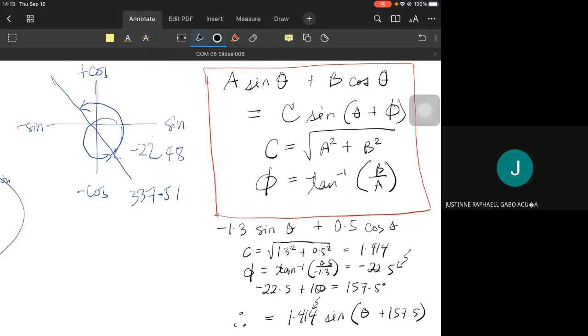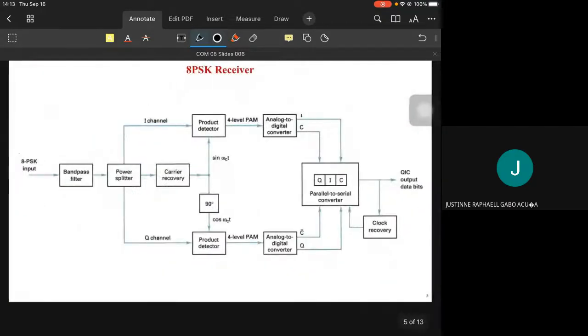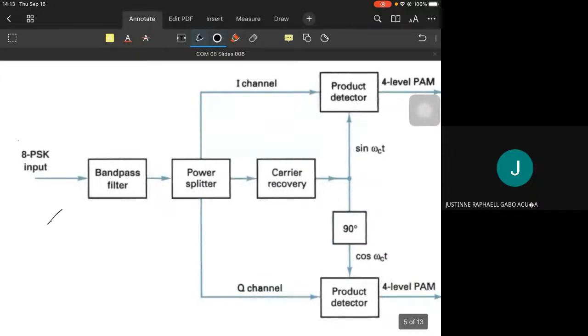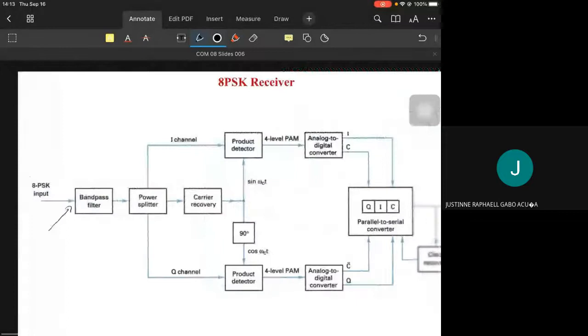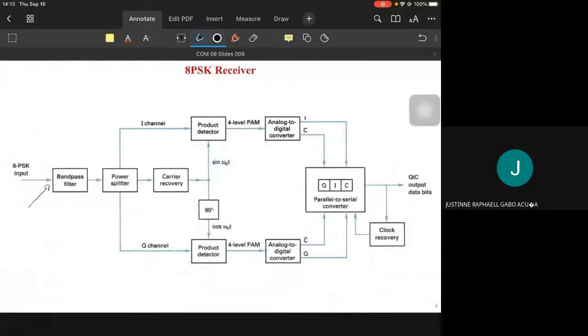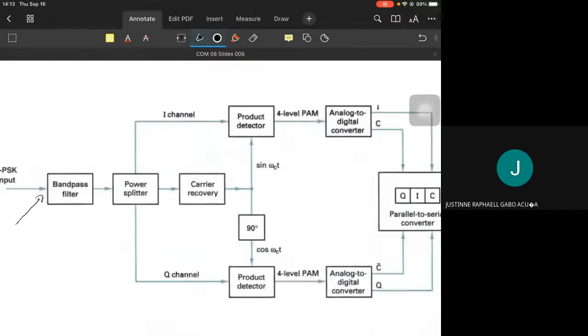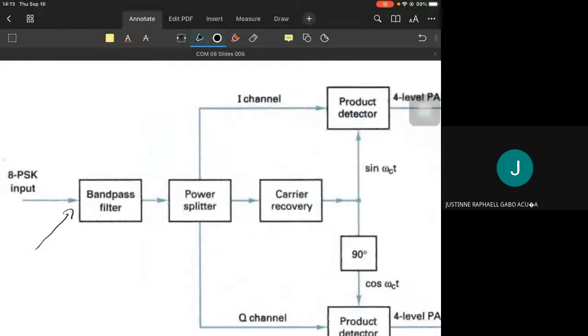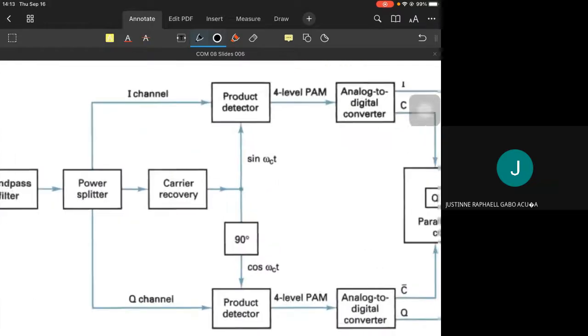So this is what we feed into the receiver at this point. But we need to review from time to time, no? So we feed that signal, whatever it may look like, here. I think we covered that last time.